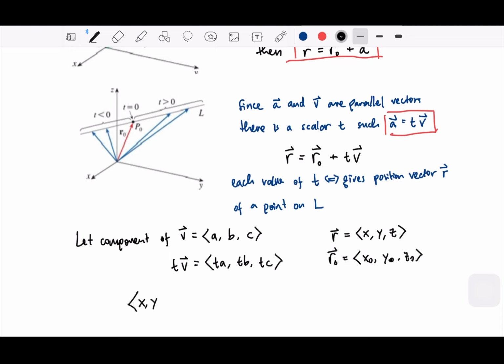We can write x, y, z, and we can add each component: x0 plus ta, y0 plus tb, and z0 plus tc.